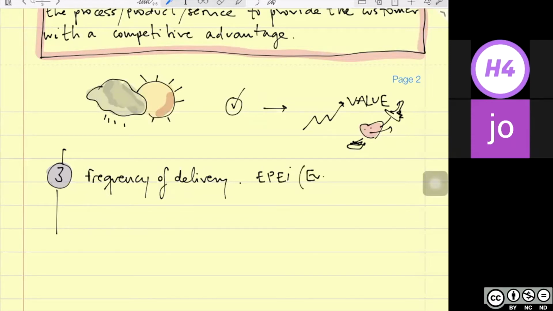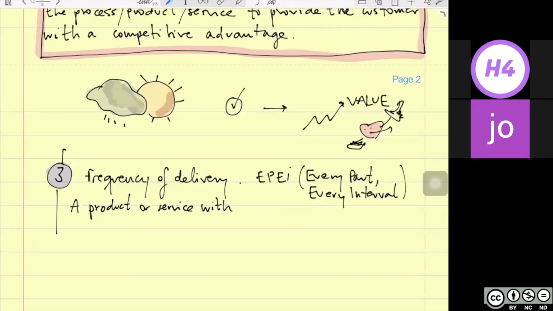Every part, every interval. Okay, this is related. So here we want to deliver a product or service with high frequency.